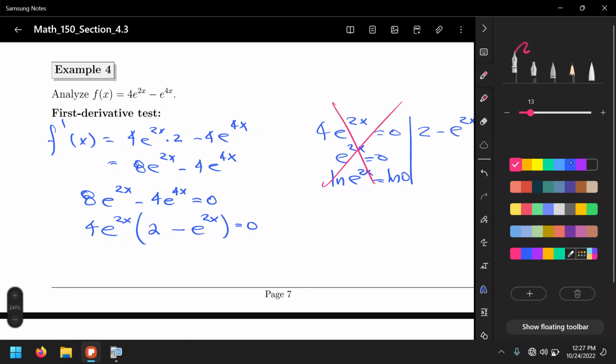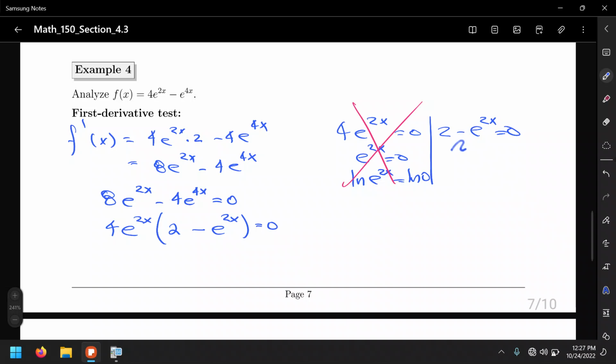So let's see what about the second equation. That's e to the 2x equals 2. Take ln, and that's going to cancel, 2x equals ln of 2, and x equals 1/2 ln of 2. So that's the only critical number in this case for this function.